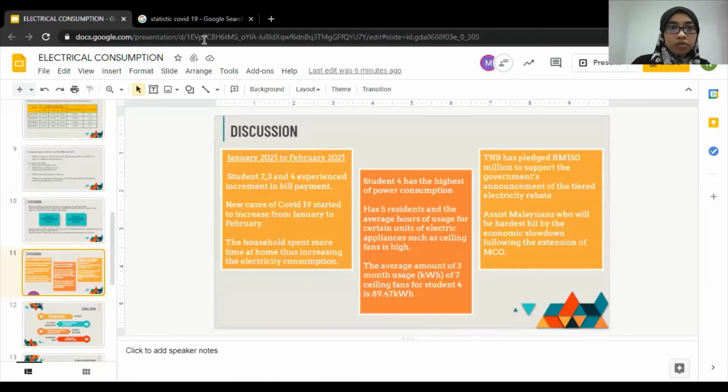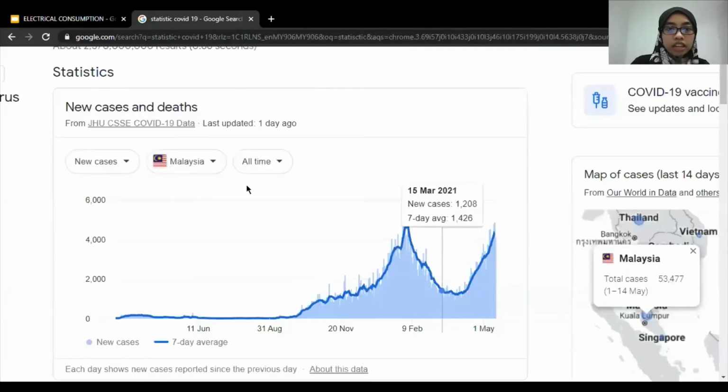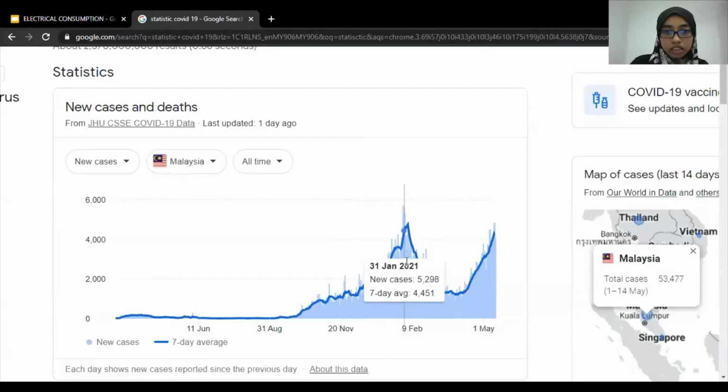As you can see here, the new cases of COVID-19 started to increase from 1st January and rapidly increased, and started to decrease in February.